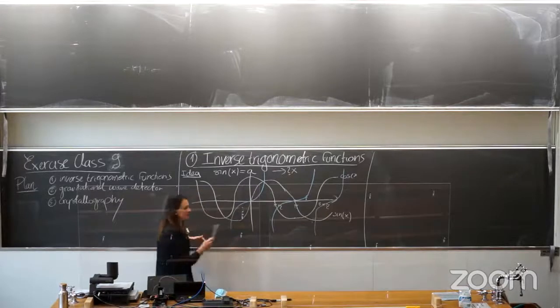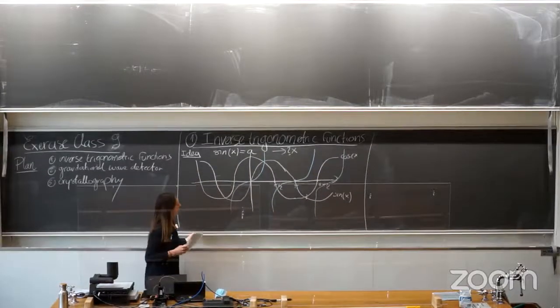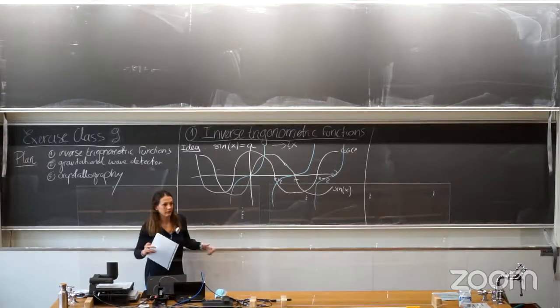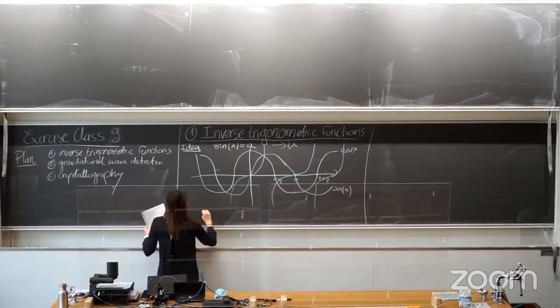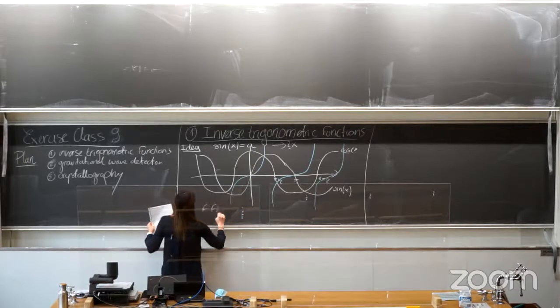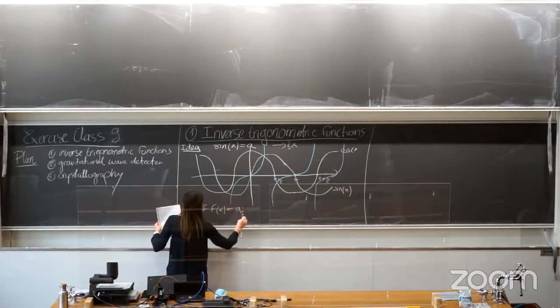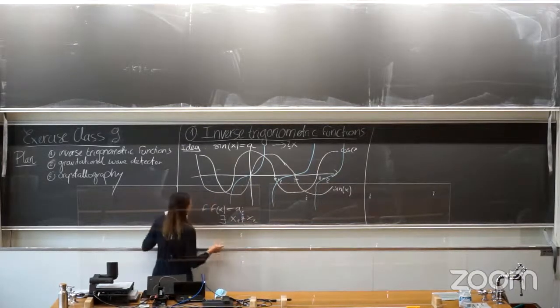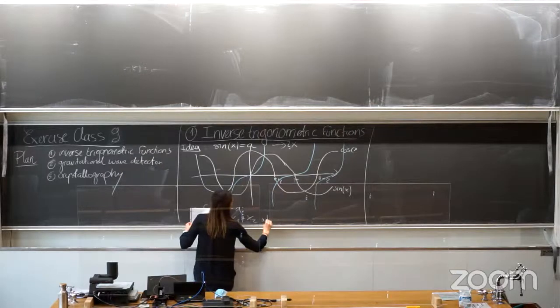So the problem is that the functions are not injective. You know the concept of injective? If f of x equals a, there exists more than one x which satisfies the equation.